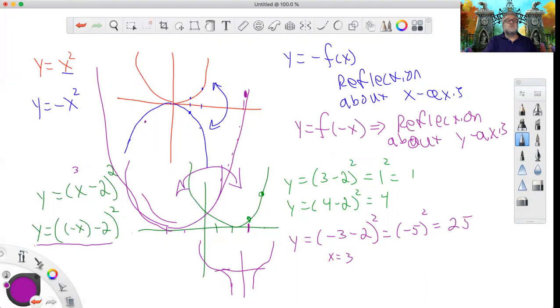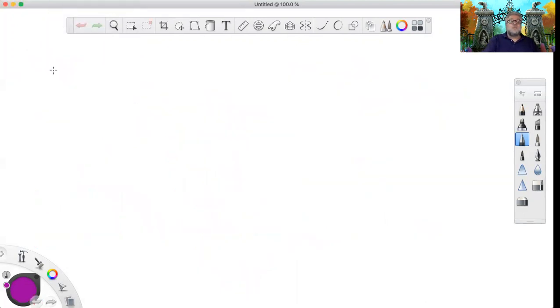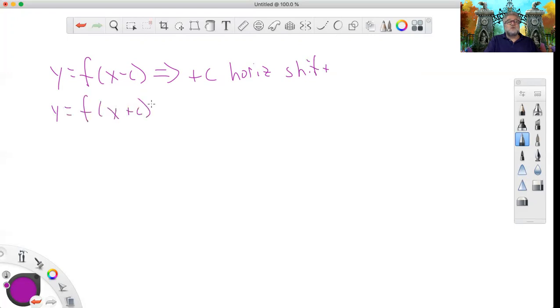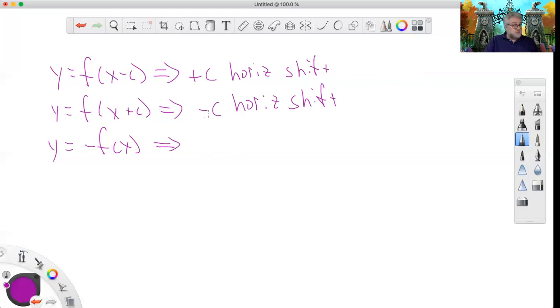Okay, so let's summarize these things now. So we have y equals f of x minus c, and that is plus c horizontal shift or horizontal translation, same thing. y equals f of x plus c, that's a minus c horizontal shift or horizontal translation. y equals minus f of x, that was a reflection about the x-axis.